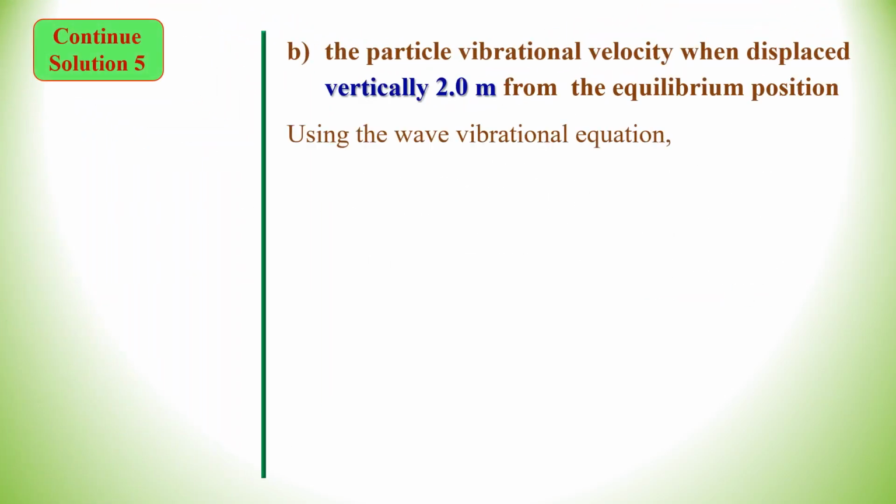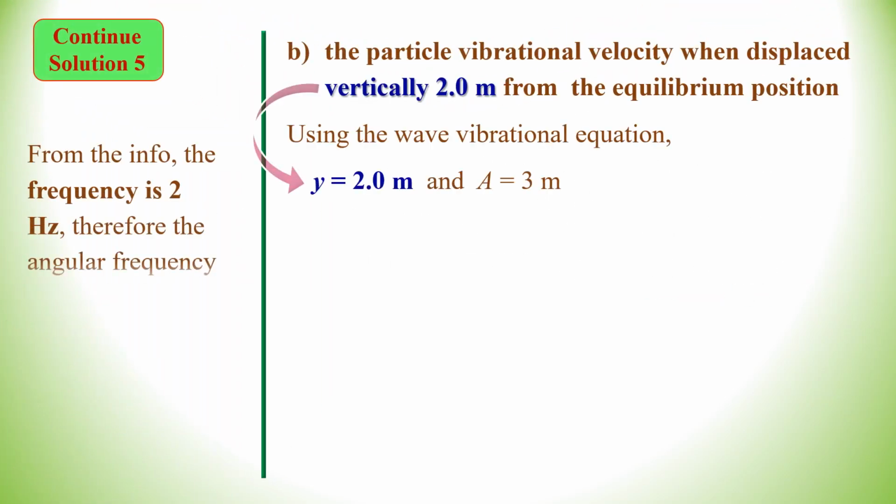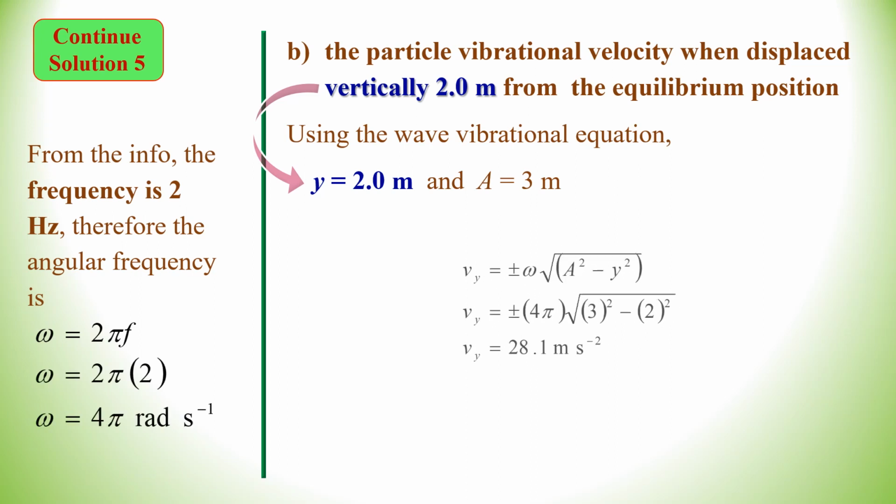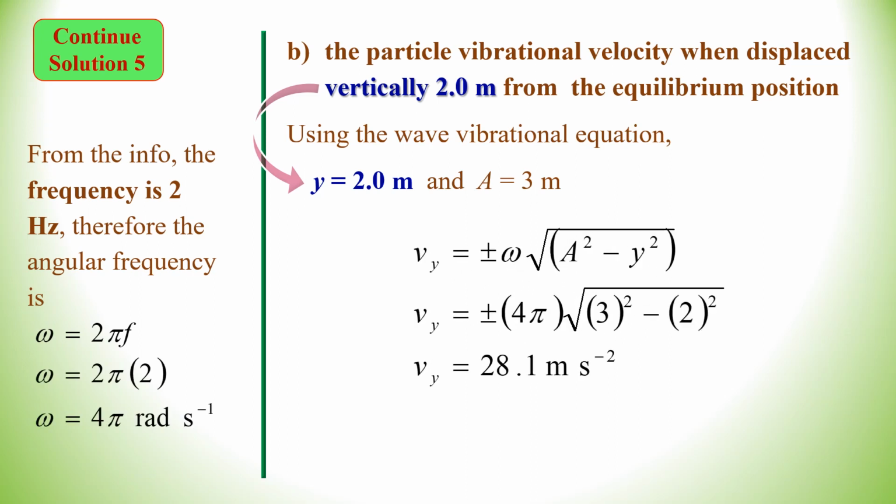Now, last question, question B. The particle vibrational velocity when displaced vertically 2.0 meter from the equilibrium position. The particle displaced vertically 2.0 meter refers to the value y.